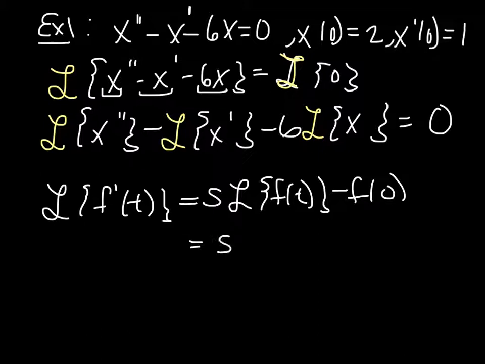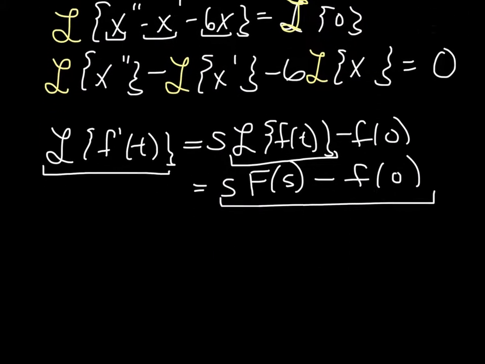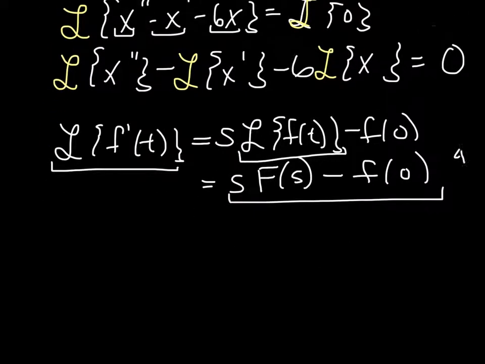But we know that the Laplace transform of f of t is really capital F of s, from section 4.1, our notation, minus f of 0. Okay, so we know that this equals this. So keep that in mind. That was equation 4.